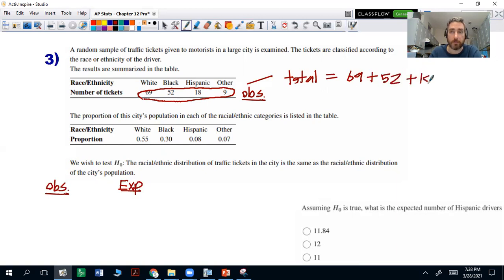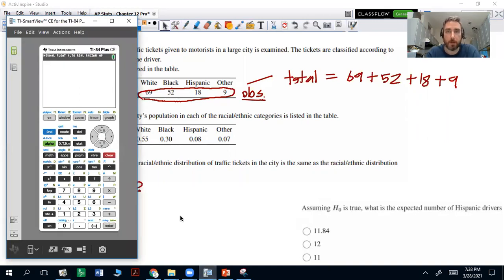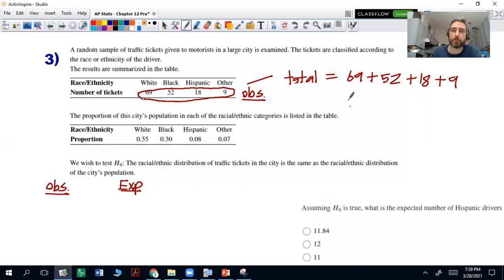Add those together. There we go, it's 148. So that's your sample size.